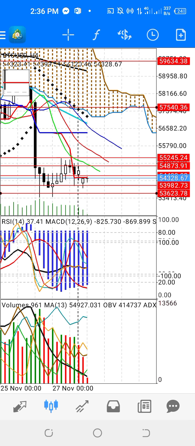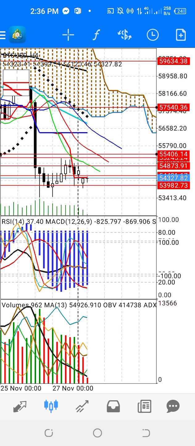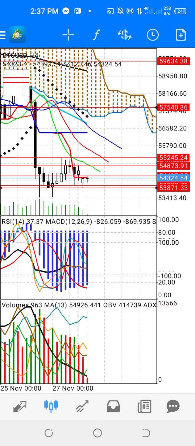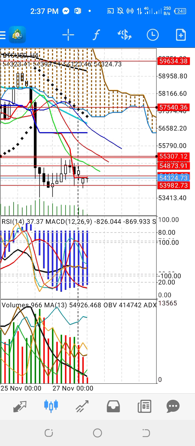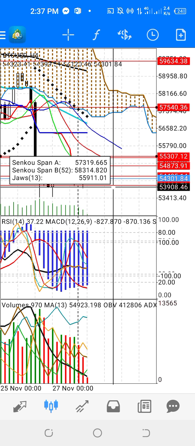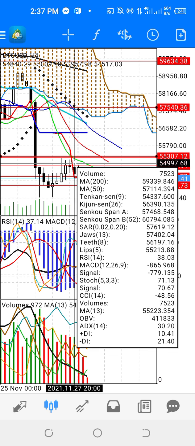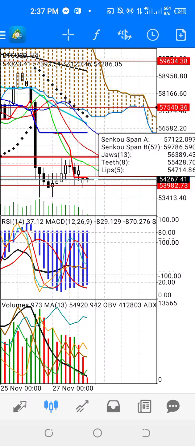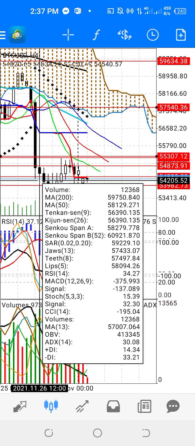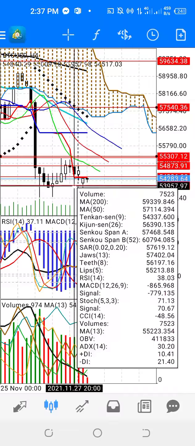If you will trade this correction, use a scalping strategy, hit and run. Do not manage your lot size, manage your number of trades, so that you can easily escape whenever the prices drop massively. Gold has very drastic movements, so you have to be careful and protect your capital.